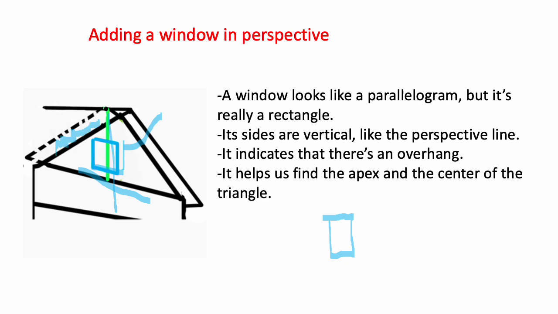The window also helps us find the center of the recessed roof because the perspective line starts at the apex of this triangle and goes down, and usually the part of the window in front of this perspective line is a little bigger than the part in back.